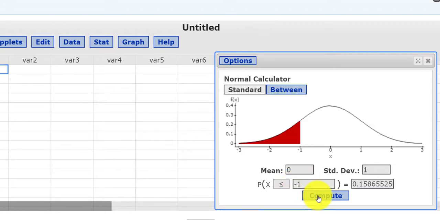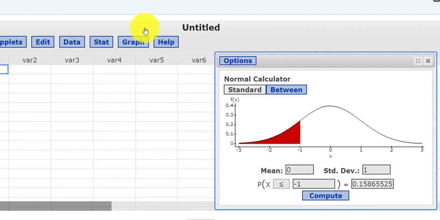I press compute. To the left of negative 1 would be this area. To the right of positive 1 would be the area if I were to shade this area here. So really, I could just double this value. If I add this 2 times, because it's symmetric, my answer should be about 0.3 and change.